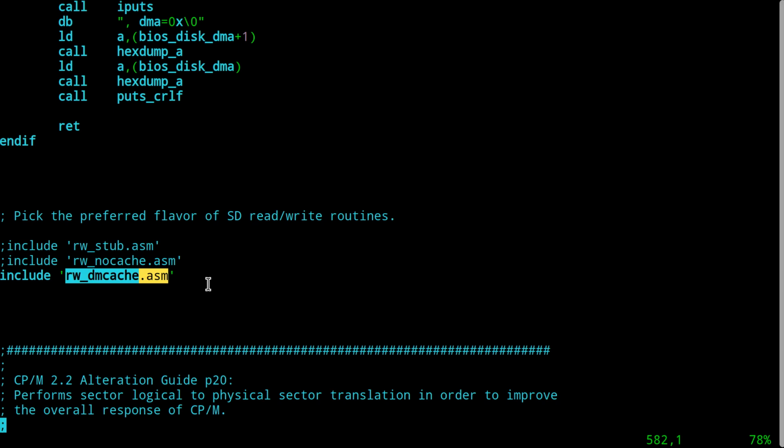Because debugging this without an actual debugger and a single stepper and all the fun, lazy tools that we can use today, we don't have any of that. So it's absolutely critical that we don't make any mistakes. Because if you take the memory out while the thing is running, that's just a nightmare to debug. I don't want to deal with that. The only way I know to do that, by the way, is to start connecting up oscilloscopes or logic analyzers.